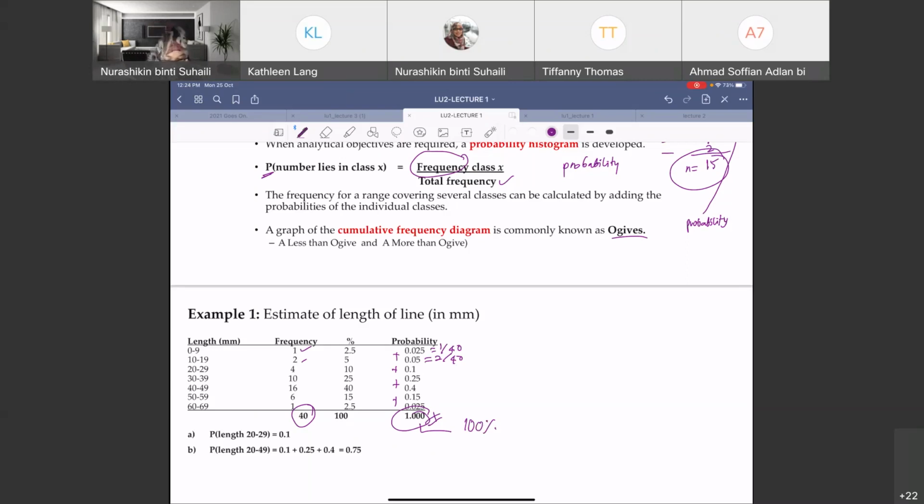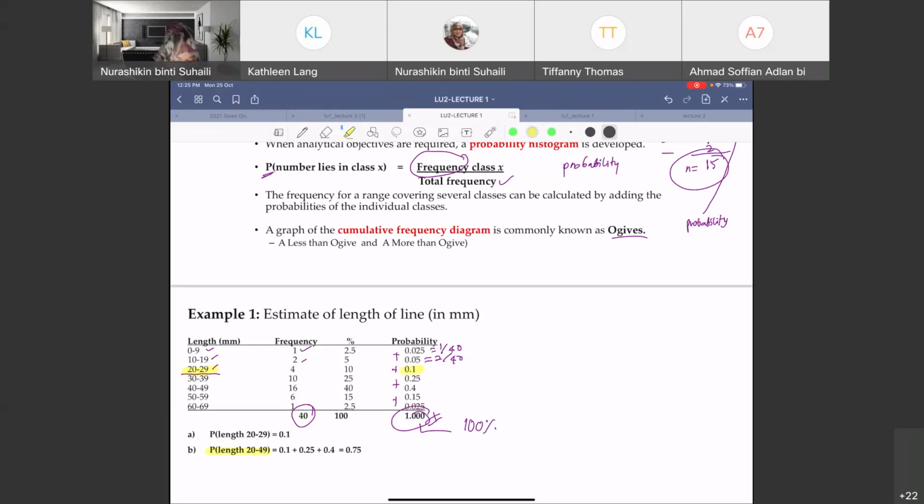This is actually the individual probability. But this table has classes. If you want to find something that covers more than one class, for example, 20 to 29, you can just refer to its individual probability, which is 0.1. But let's say you want the probability of length from 20 to 49.